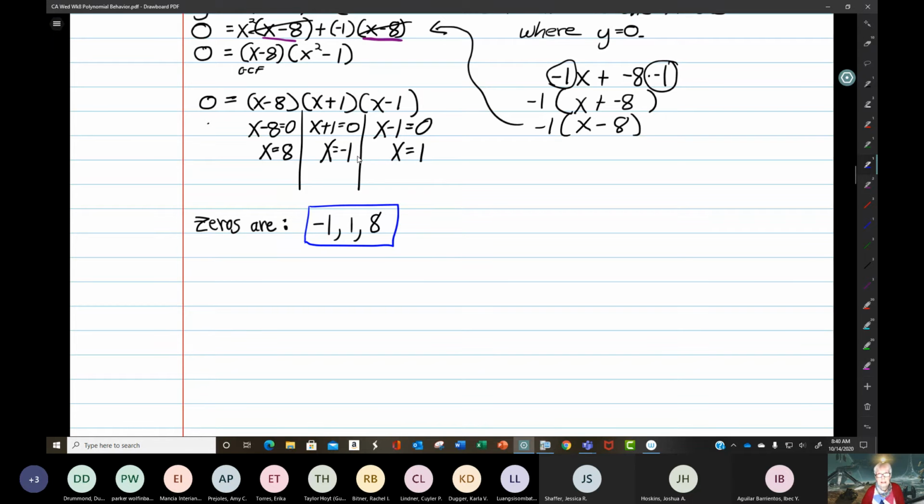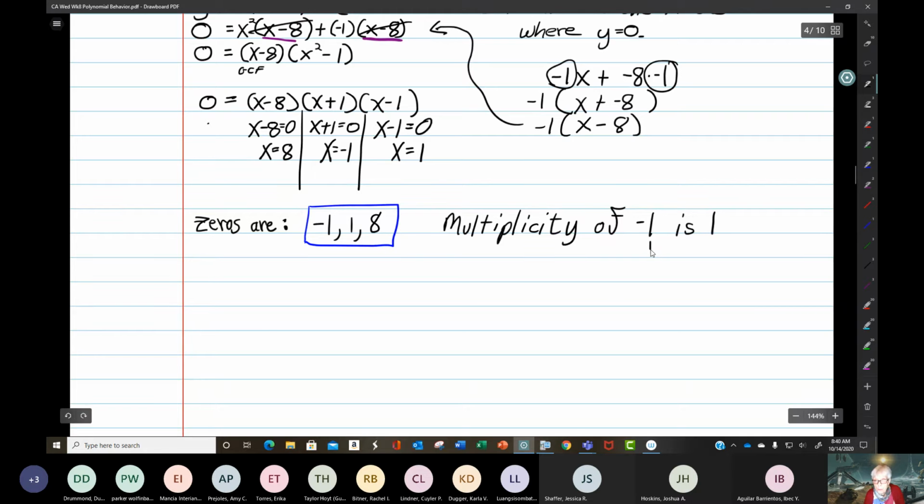That's what multiplicity is. How many times does the 0 occur? Well, each one of these occurs once. So the multiplicity of -1 is 1.